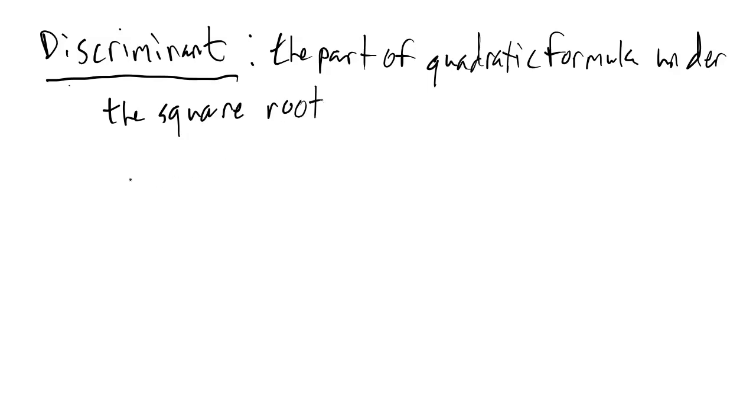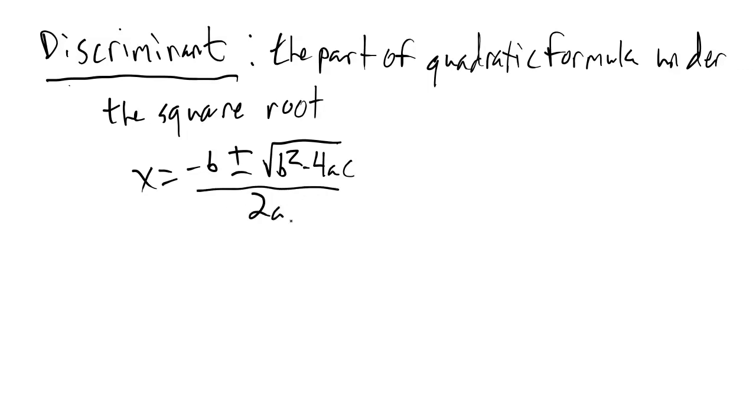What's the quadratic formula? X is equal to negative b plus or minus the square root of b squared minus 4ac all over 2a. So the part underneath the square root here is your discriminant. B squared minus 4ac is your discriminant.